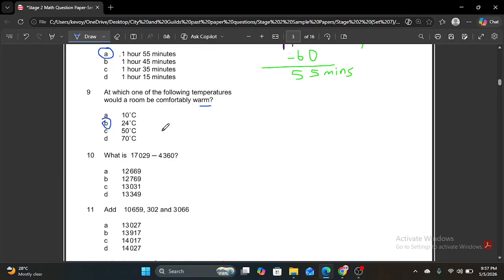So the most reasonable answer right there is 24 degrees. As I said before, 10 degrees is just way too close to 0 degrees. So that's pretty cold. Because you want a warm room, the safest answer would be 24 degrees Celsius.